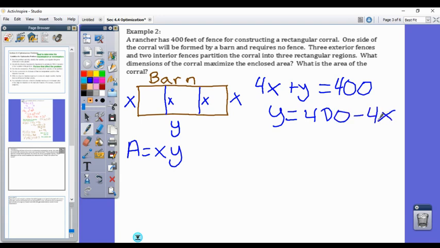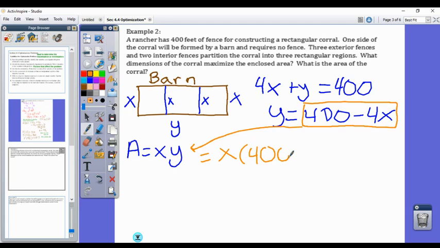Okay, so now I'm going to substitute that into my area formula. So we're going to end up with x times 400 minus 4x.